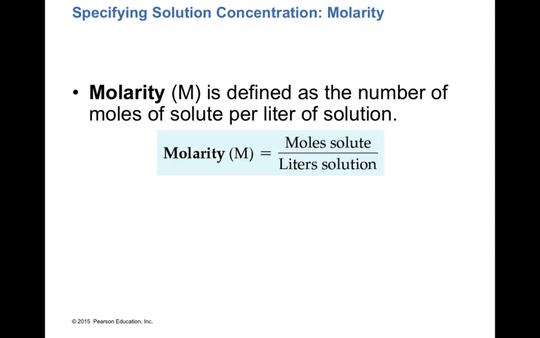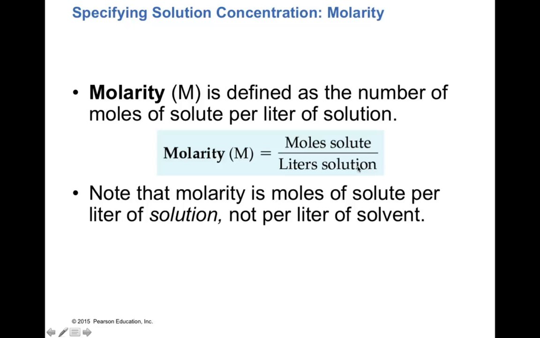The molarity is expressed as a capital M, and this is equal to the moles of the solute divided by the liters of solution. Note that molarity is moles of solute per liter of solution, not per liter of the solvent.